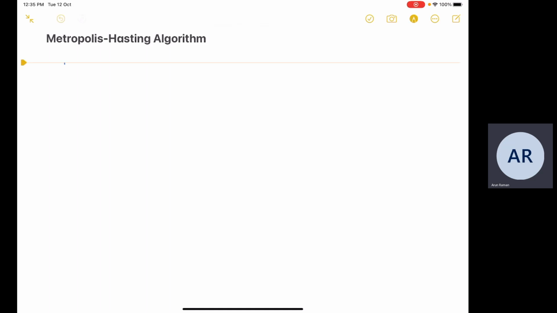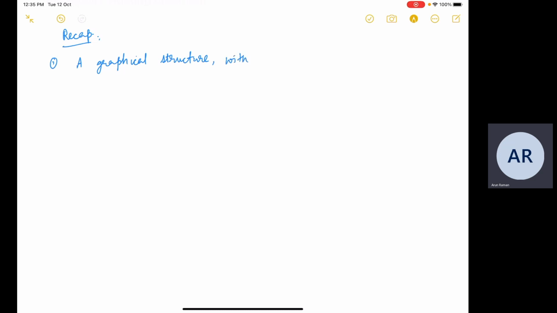So just to recap, what we have seen in the two lectures is that a Markov chain is basically a graph, or we can say a graphical structure, in which we know the one step transition probabilities.